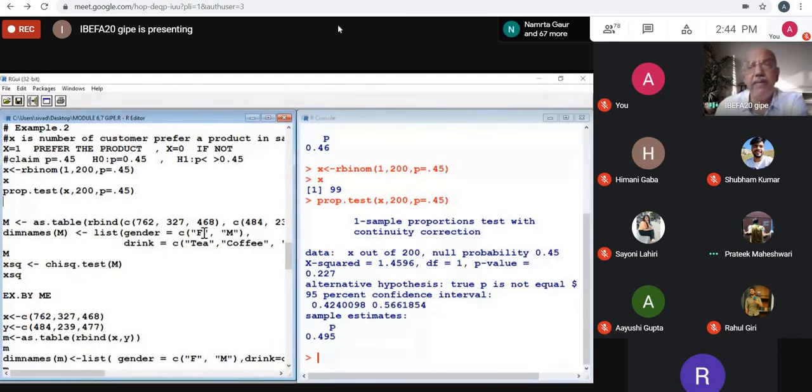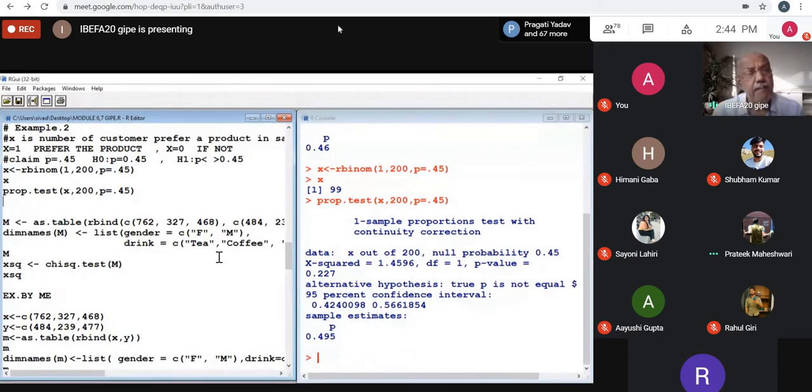So what is the p-value for this test? The 0.227. So what is the conclusion? Accept H0. We fail to reject H0. Yes. So just like that of a single parameter mu, here a single parameter probability. Single parameter, one parameter.